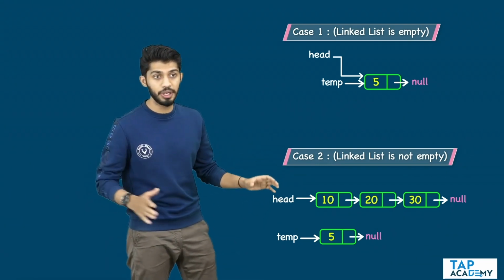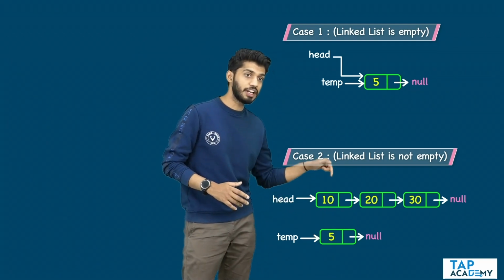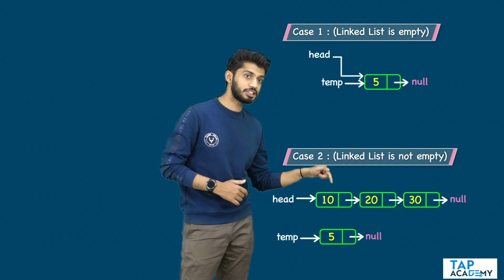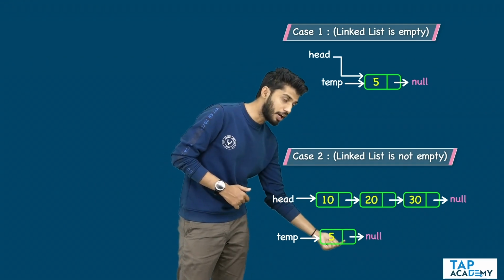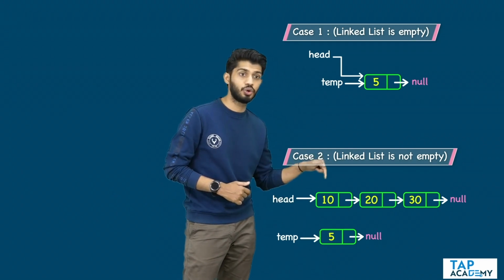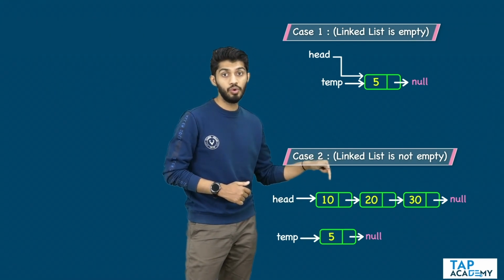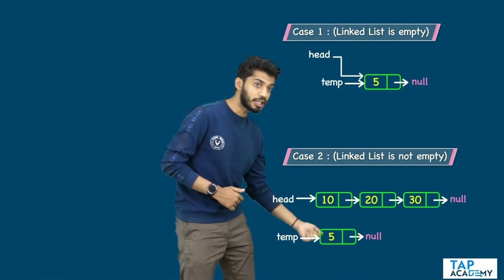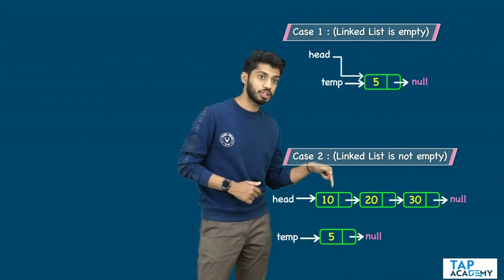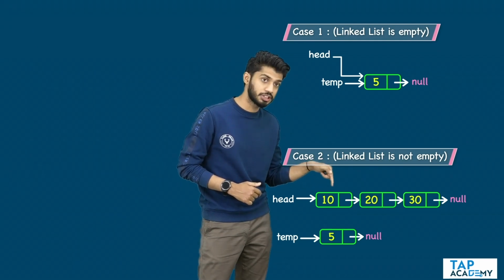It is very simple. If this is the first node, then definitely the existing one will become the second node. So if this is the first node and this is the second node, in the next part of the first node, what should be there? The reference of the next node has to be there. So in temp.next, I need to store the reference of the current first node, meaning this first node.